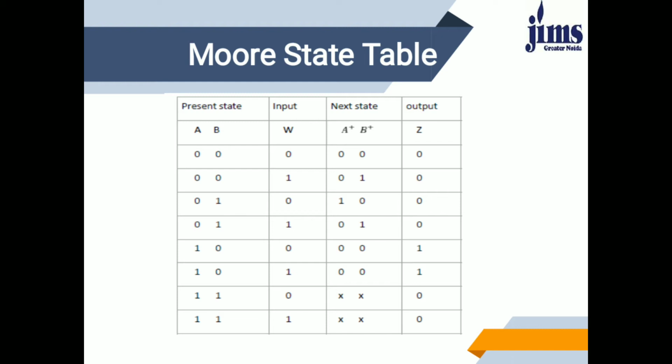This table shows that if it is at the S0 state, that means 0, 0, and input W equals 0, then it will remain in the same state. But if 1 comes, then it will switch to another state S1, that means A plus B plus will be 0, 1, and at this time Z will be 0. In this way we can specify any state table of a Moore machine.